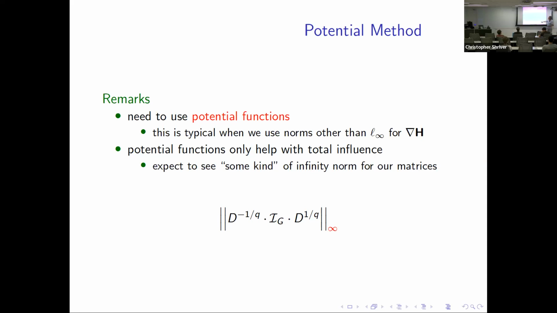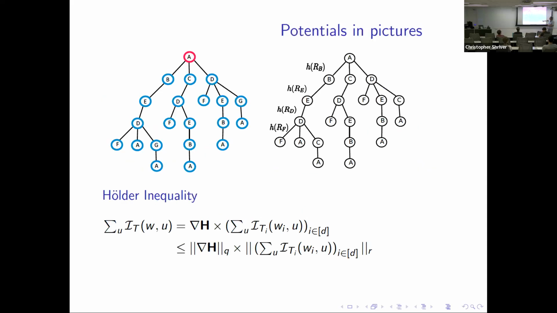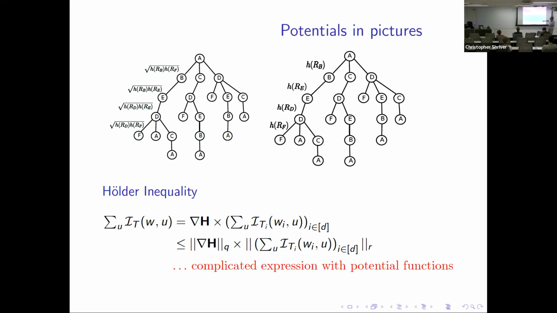So, sorry. Let me show you quickly what I'm doing. When you apply the norms, it's quite involved, but the idea with the potential function is that when you have this H of R_B, H of R_E with the influence, you do the amortization as follows.